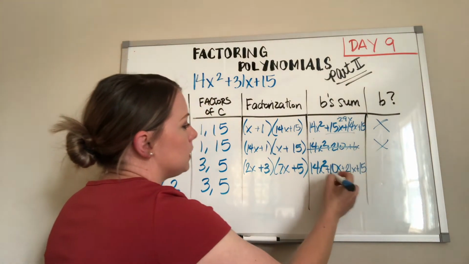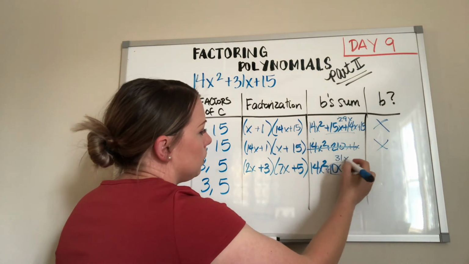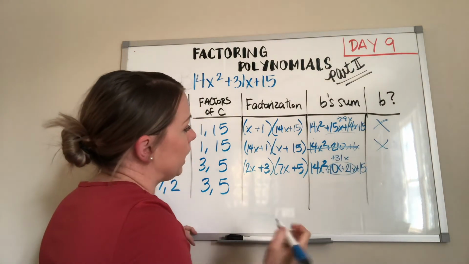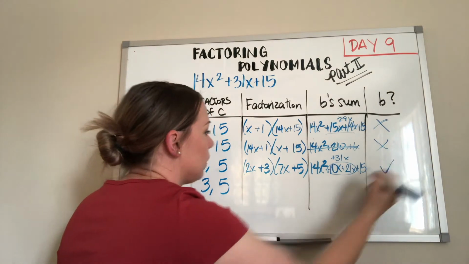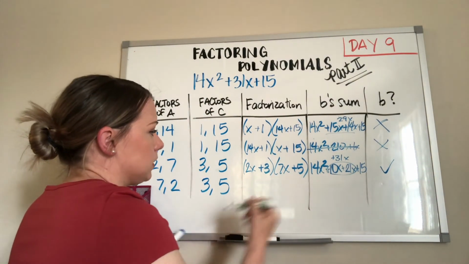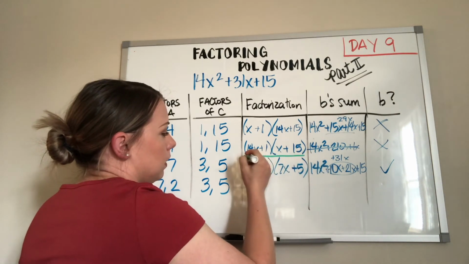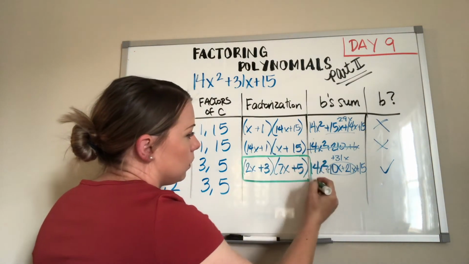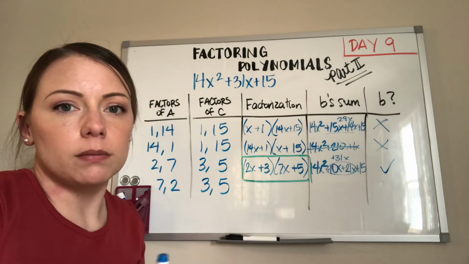These added together would be 31x, which is what I needed. This is right, there we go. So that tells us that this was the correct factorization.